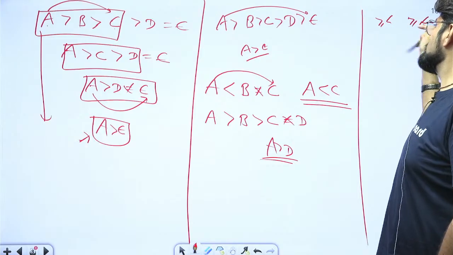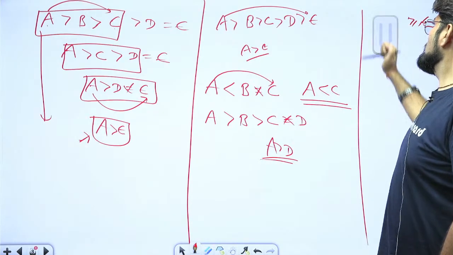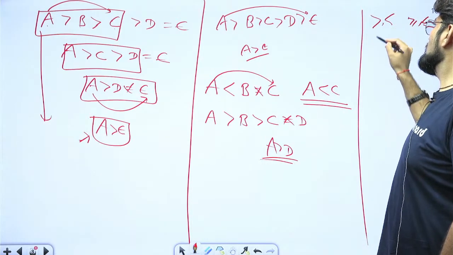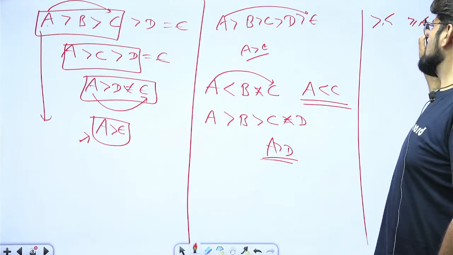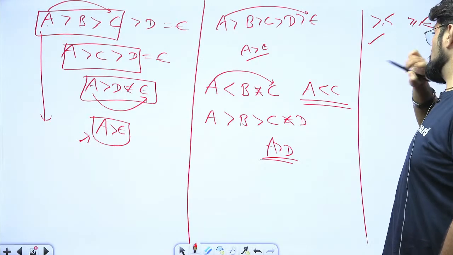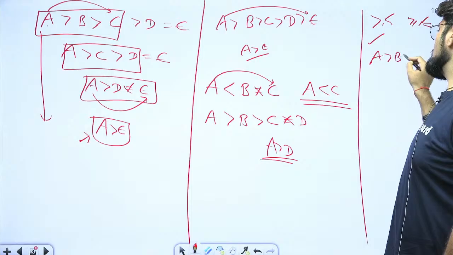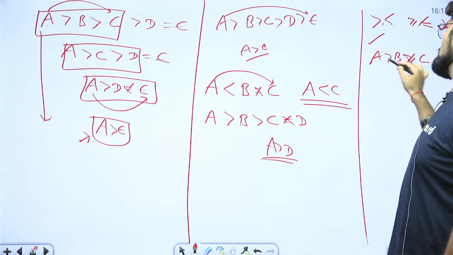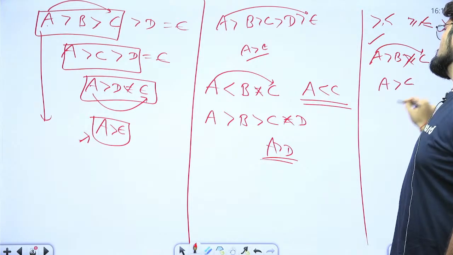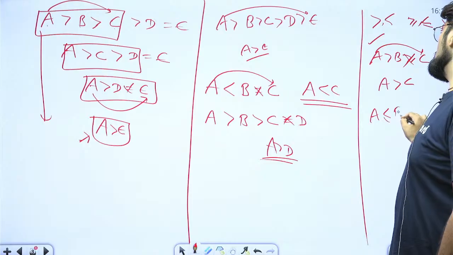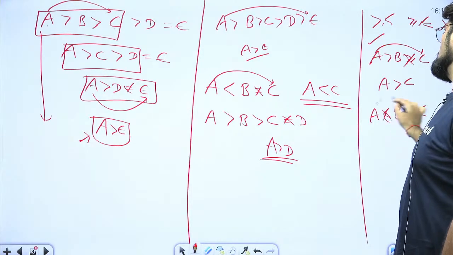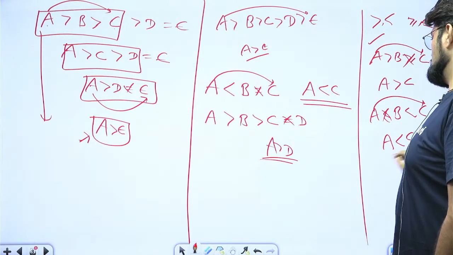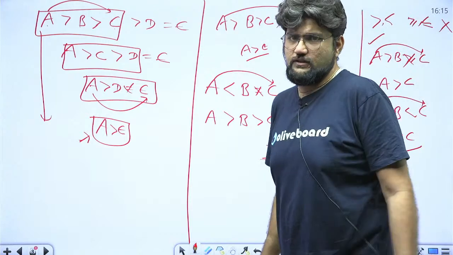If there is a combination of these two, we'll drop these ones and go ahead with these ones. So A greater than B greater than equal to C: we'll drop this one and straight away say A is greater than C. A less than equal to B is less than C: we'll drop this one and say A is less than C. That's how you will proceed.